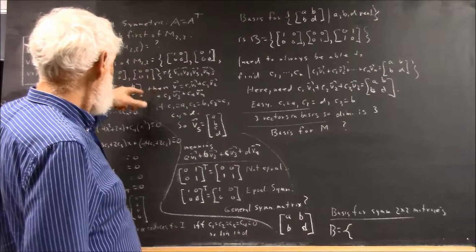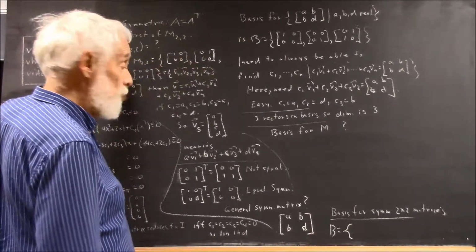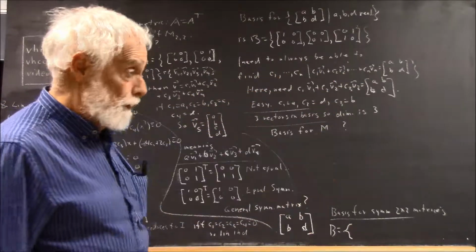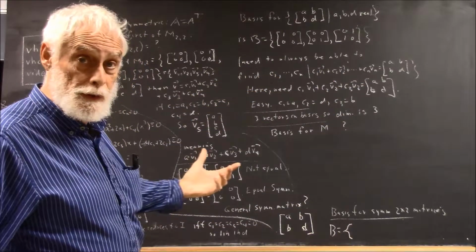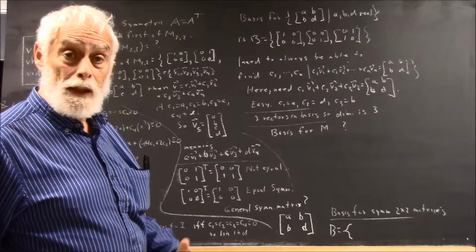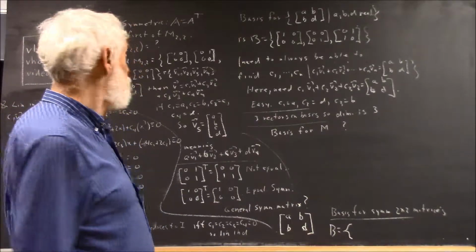These matrices form a basis for all of M22. Maybe we can take a subset of this set and get a basis for these symmetric matrices. Turns out we won't be able to, but we can use some of them. And we can use any of them that work, and then we have to figure out what else to use.